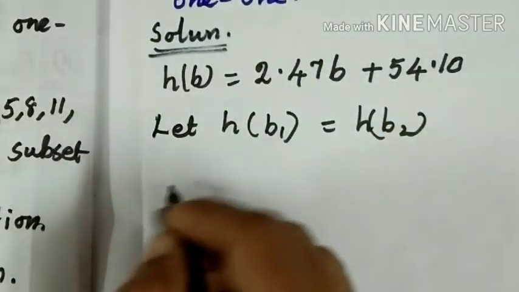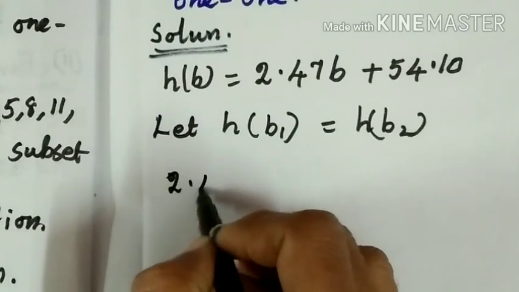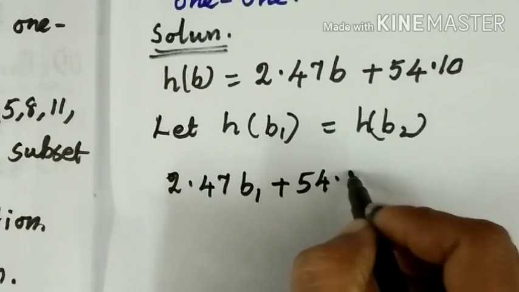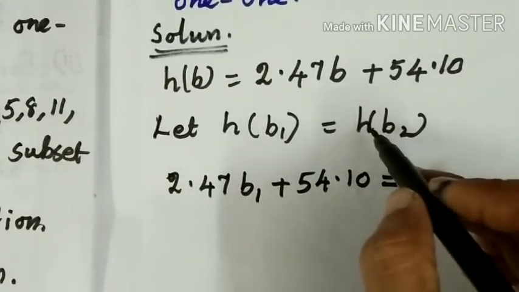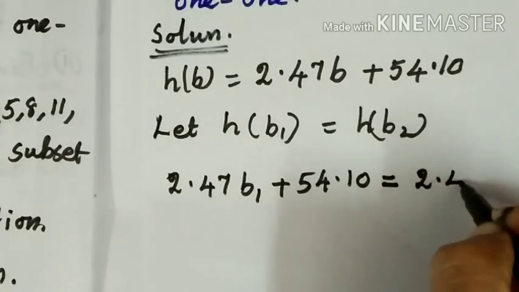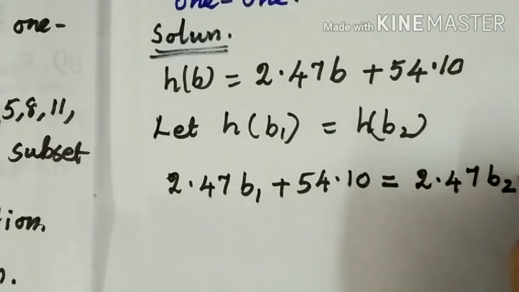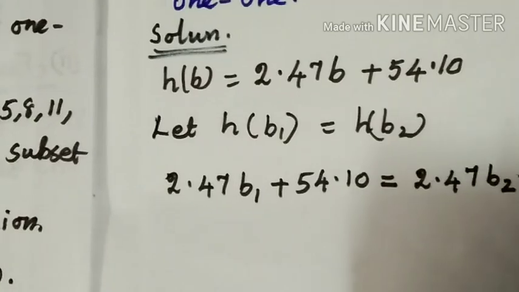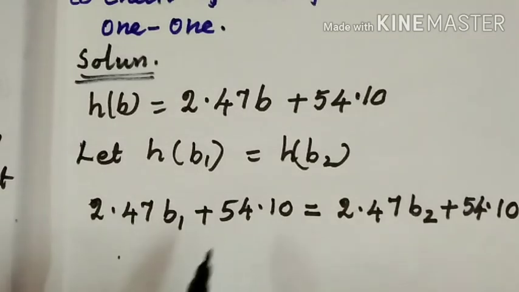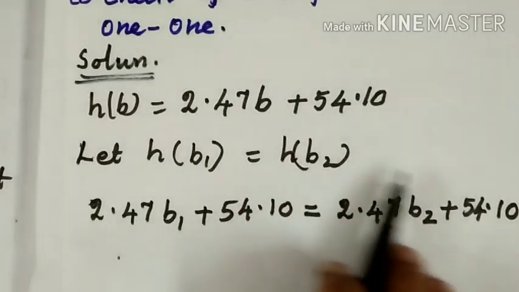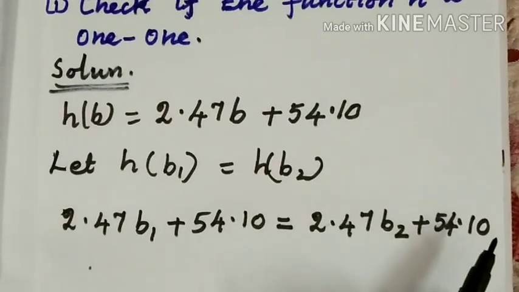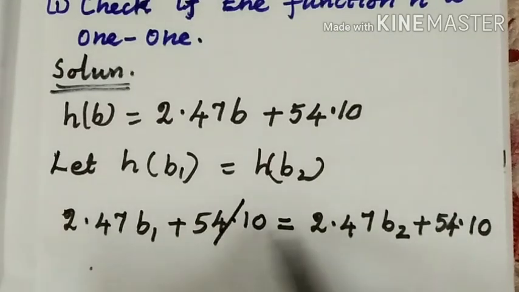So now you apply the given function, that is 2.47b1 plus 54.10 equal to, for h of b2 you write 2.47b2 plus 54.10. See here, 54.10 you take to after the equal means it becomes minus, then plus 54.10 minus 54.10 cancel and get 0.